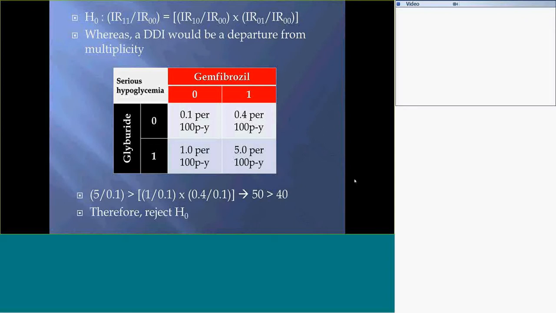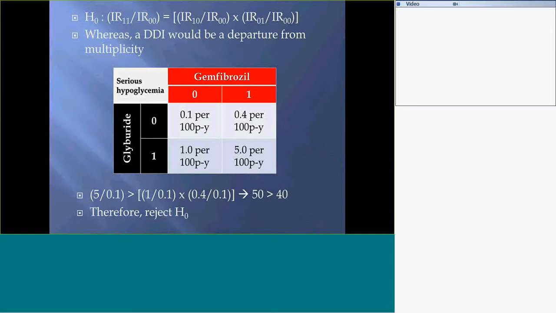And the null hypothesis would be that there's no drug interaction. That is, the incidence rate of the outcome of hypoglycemia in people taking both drugs divided by the incidence rate in the base population, that is, people taking neither drug, you would expect that to be the same as the incidence rate in people taking only the object drug over the baseline rate, multiplied by people taking only the precipitant drug over the baseline rate.